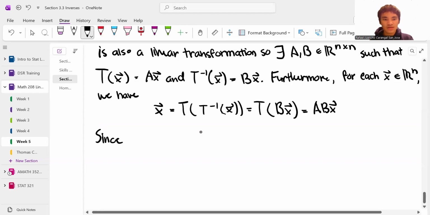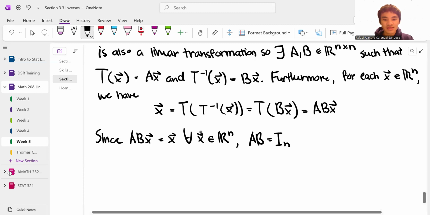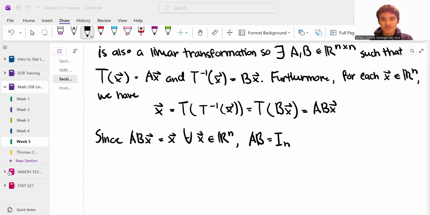Since ABX is just equal to X for all X in Rn, we say that this AB is actually just the identity matrix.